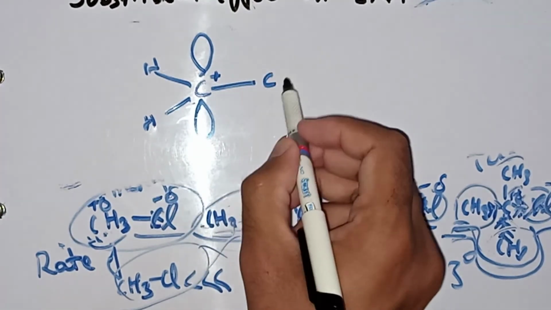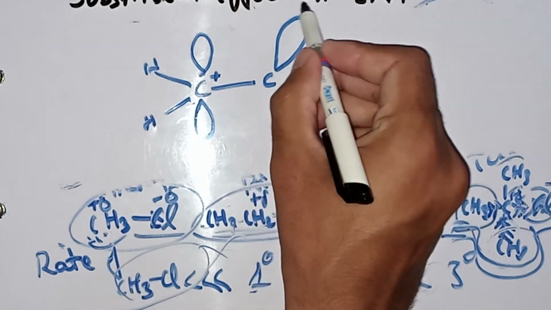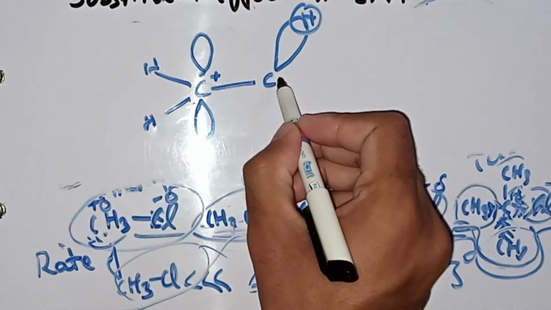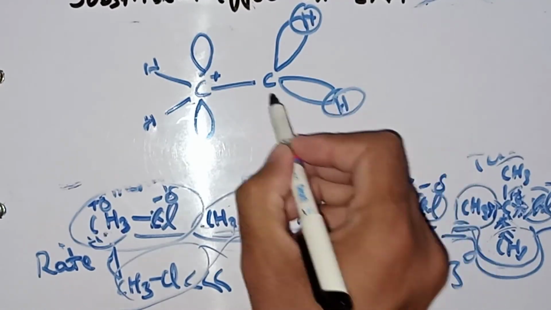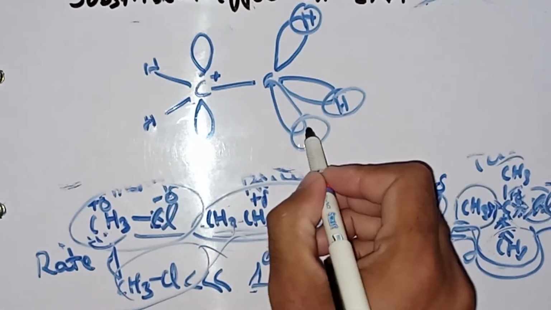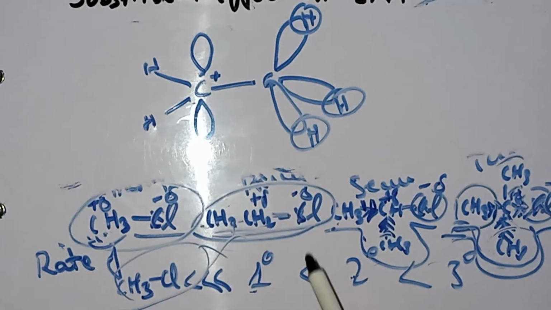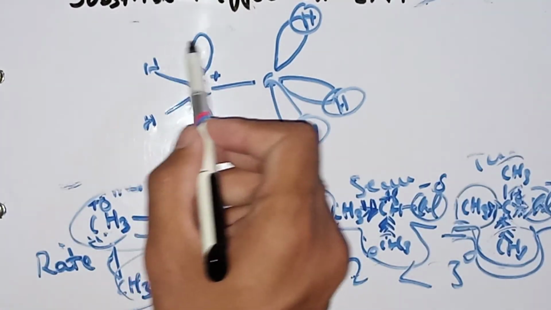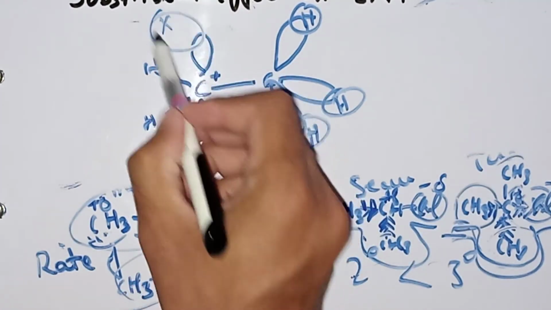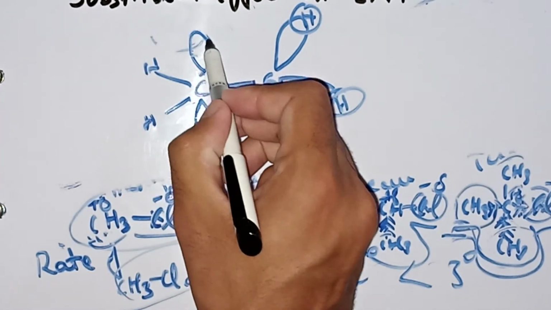It is bonded with a methyl group, which is bonded with hydrogens. This is a first degree alkyl halide. When the halogen X attached to this system is removed, the carbon becomes positively charged, a carbocation.